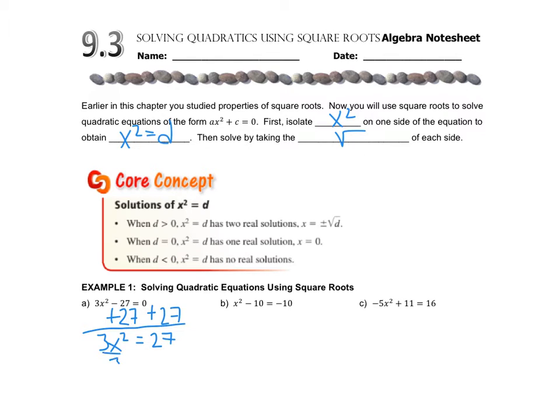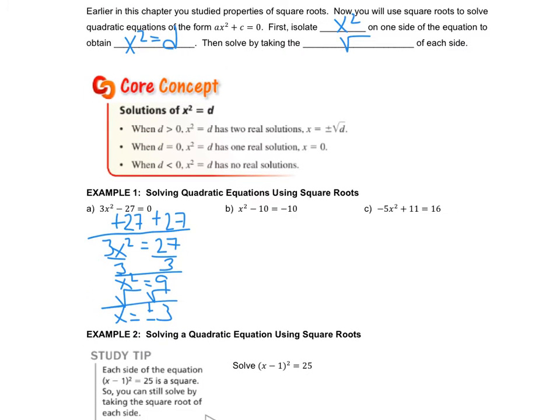Then I would divide by 3 to get x squared equals 9. And then I would take the square root of both sides, and remember, plus or minus 3 is going to be my answer there, because we have both positive 3 and a negative 3 when I take the square root of 9.